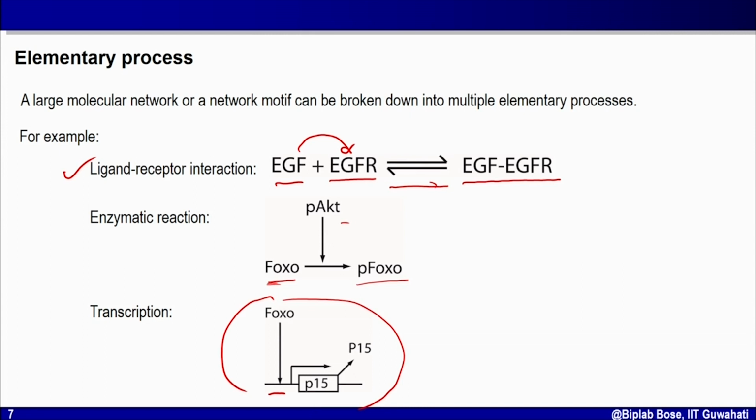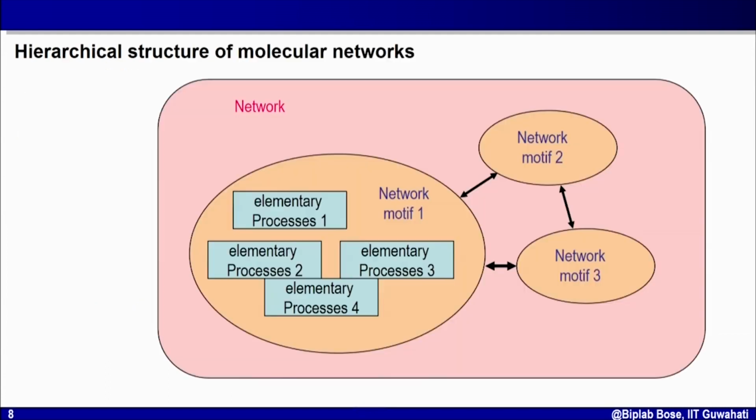Now, a large network can be broken down into sub-network motifs, and each of these network motifs can be broken down again into elementary processes. So if you look at the hierarchical structure, what do I see? At the lowest level, there are certain elementary processes, for example ligand receptor binding, enzymatic reaction, production of molecules, degradation of molecules, enzymatic control of production of molecules, transcription, translation, something like that.